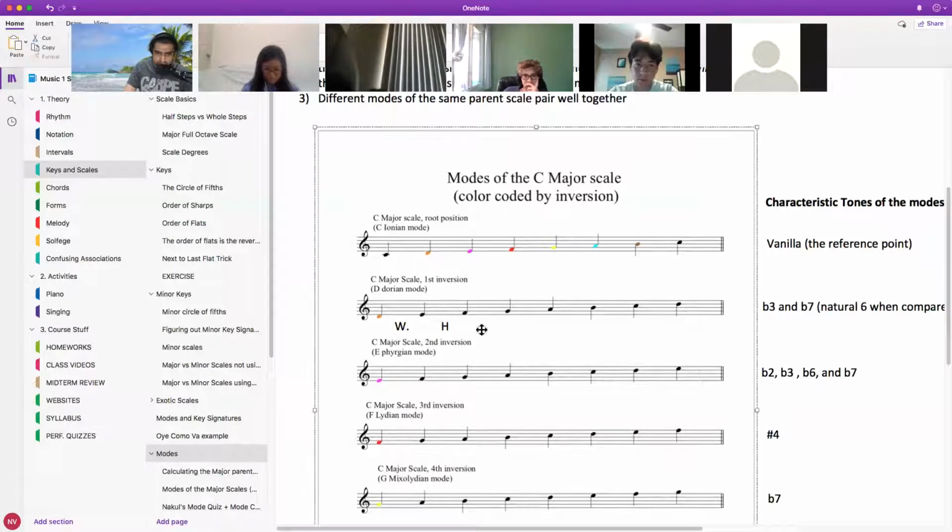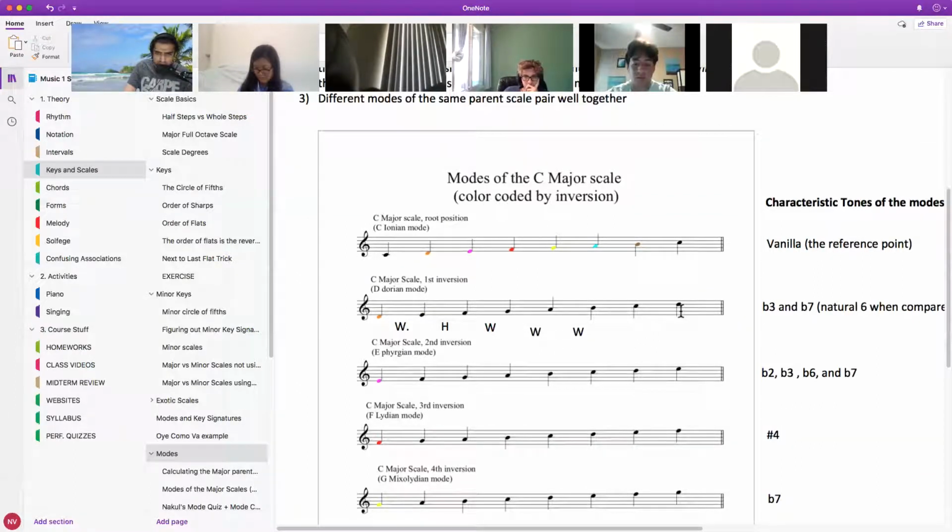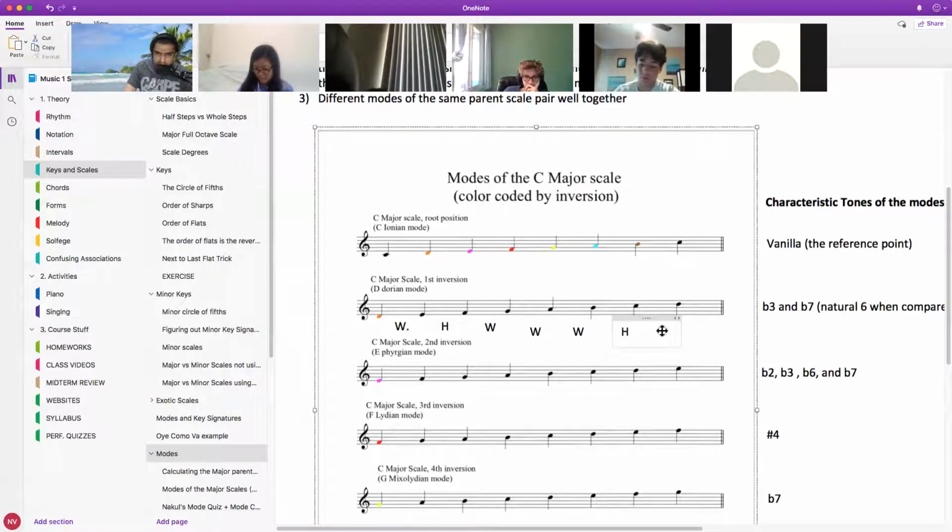F to G would be a whole step. G to A would be a whole step. A to B is a whole step. B to C is a half step. And C to D would be a whole step.